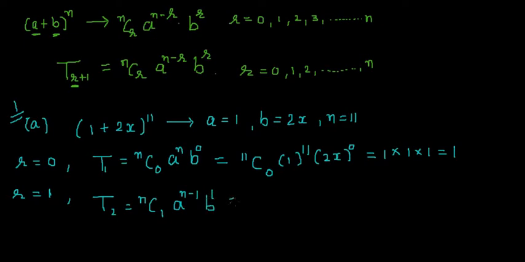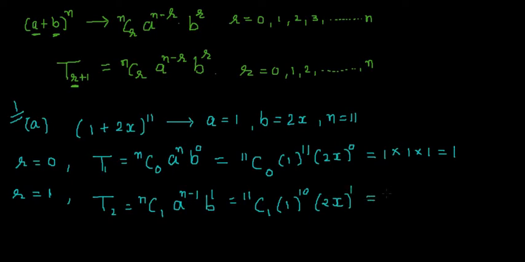Now keeping the values of a, b and n, I'm going to get 11C1, 1 raised to 11 minus 1, that is 10, 2x raised to r, which is 1.